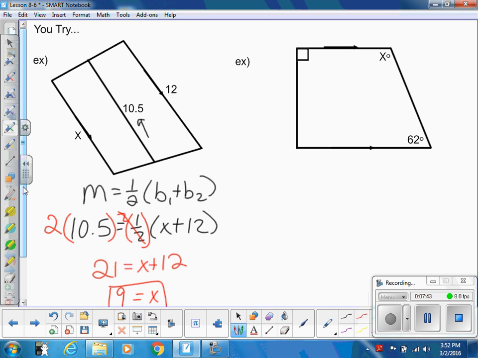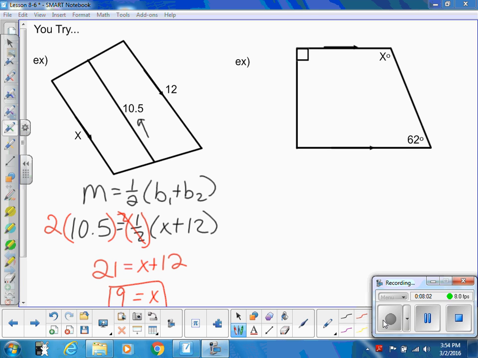Now, if I look at the second example, here I don't have anything to do with the mid-segments. Sorry, I got interrupted by a knocking. So when I look at this one, this one doesn't deal with the mid-segment. This is actually talking about the angles.